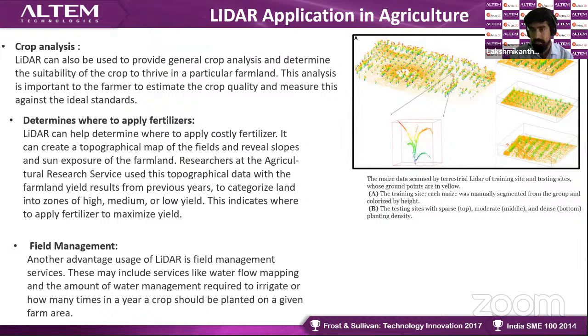Like if it is less than this, it is blue, and if it is of some particular height, it is green. Similarly, in order to analyze the growth of each plant, we can utilize this kind of technology. And if you look at B, it has been categorized as sparse, moderate, and dense, depending on the planting density.